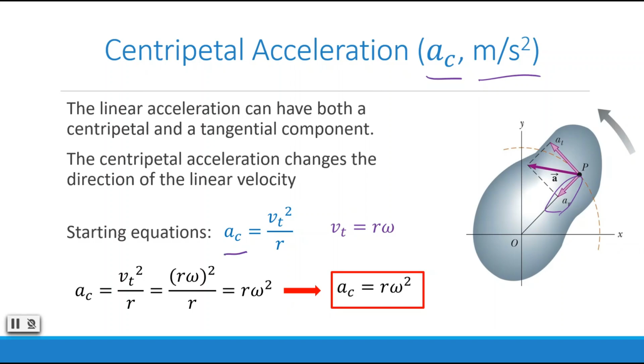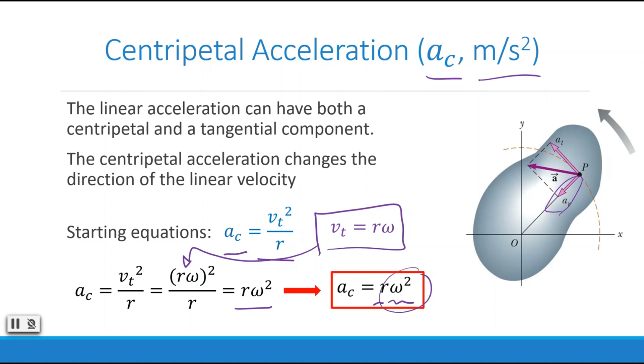We know that our centripetal acceleration is v squared over r. In this case, it's a tangential speed, which we just defined as r times omega. So you can plug in r times omega into our definition of centripetal acceleration. One of the r's is going to cancel, so your centripetal acceleration is r times omega squared. So you can find the centripetal acceleration by knowing the angular speed and the radius.